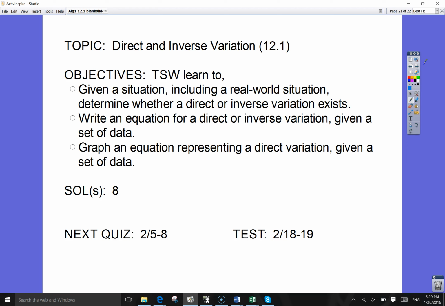Write an equation for a direct or inverse variation. We've done that. Graph an equation representing a direct variation given a set of data. While that is one of the SOL objectives, I consider that we've already done that, a couple of units ago.